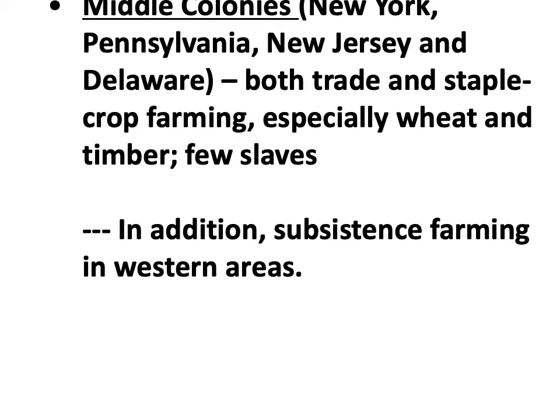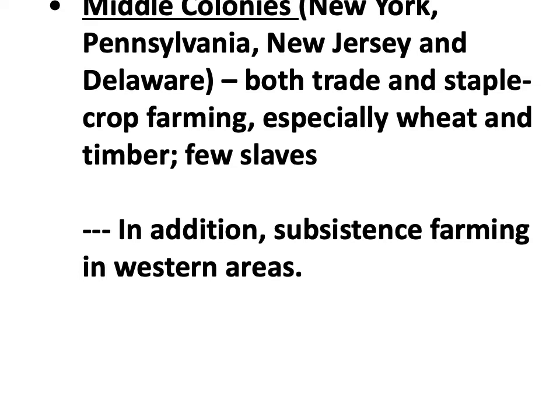Turning to the middle colonies, New York, Pennsylvania, the 2 largest states, and then New Jersey and Delaware, they also engaged in trade, as did New England, particularly ports such as New York City and Philadelphia, Pennsylvania. But they also engaged in what's called staple crop farming.